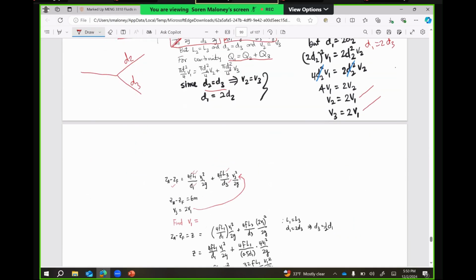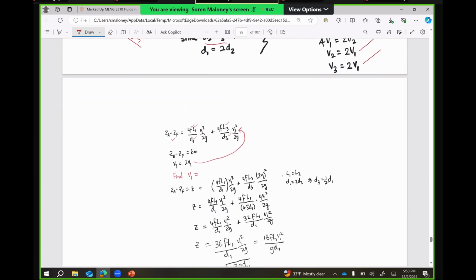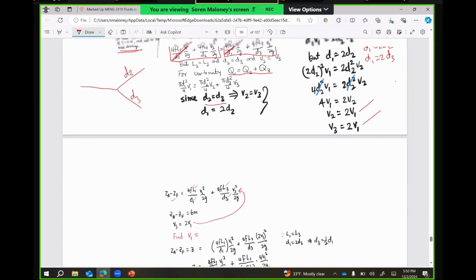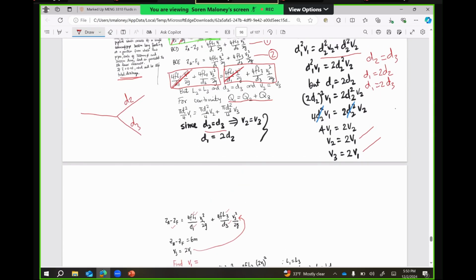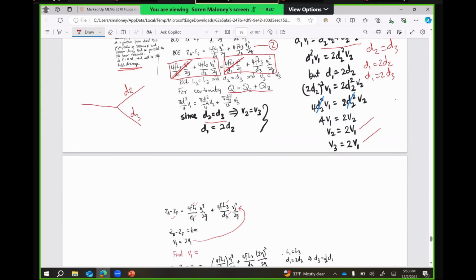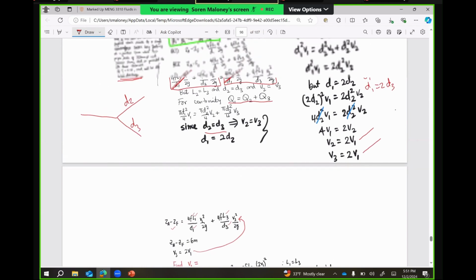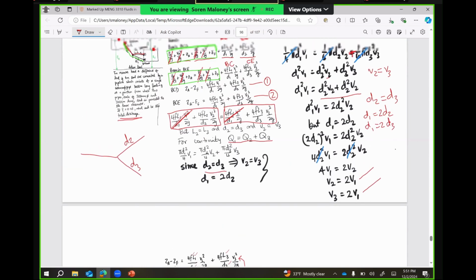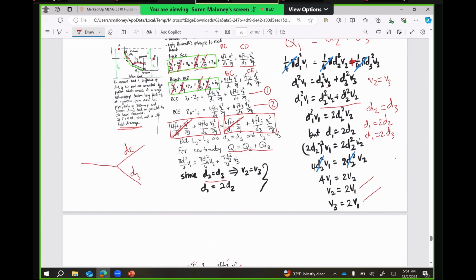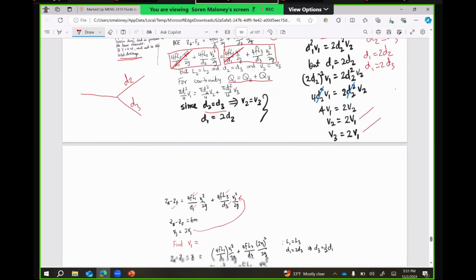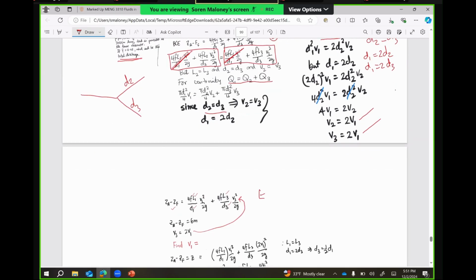So I'm coming down again now, ZA minus ZF. I'm just taking one of those equations from up here. I'm taking equation 2 and bringing it down. This is equation 2.